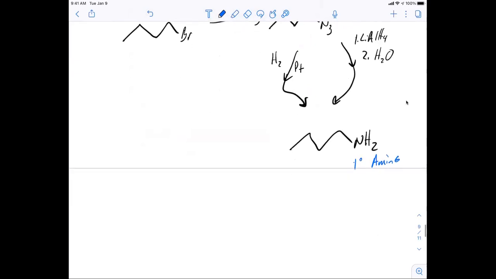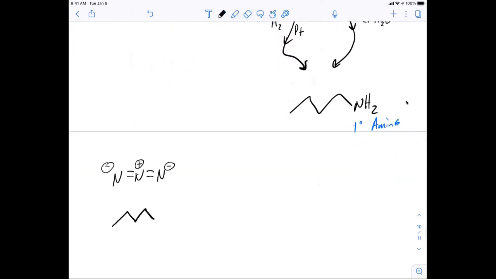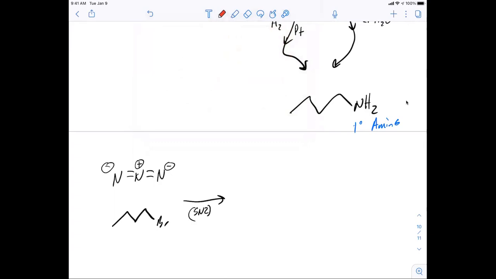I get the primary amine. Remember, the azide is this compound. So that reacts in an SN2 style, right? It's a really great nucleophile because it's linear.